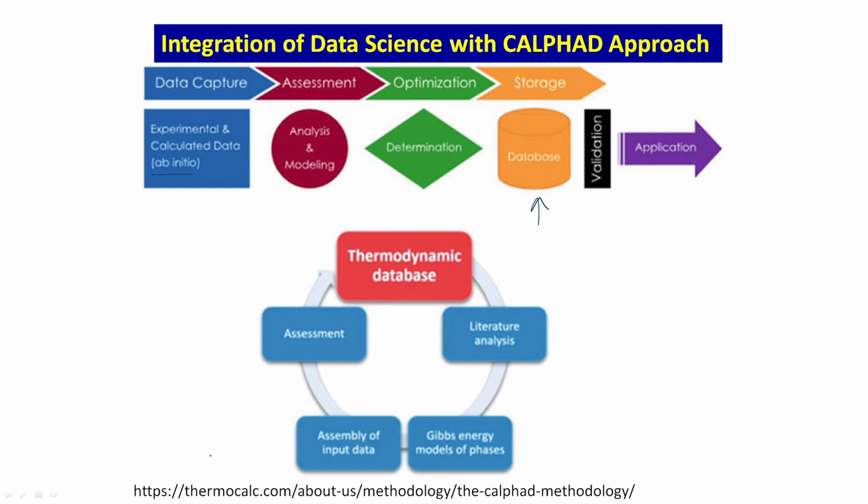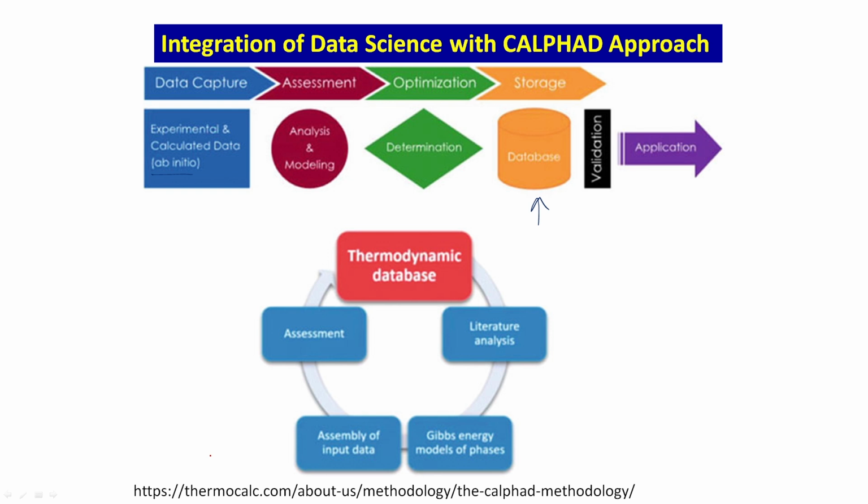So, finally, once it is optimized and we are happy with the assessments, we can store it in a database, and that database you can then buy or use. That is what scientists normally do. They buy these databases from the standard vendors and then use the databases for calculations of phase diagrams. And once you have done the phase diagram calculations, you can always validate with experiments. That is what it is.